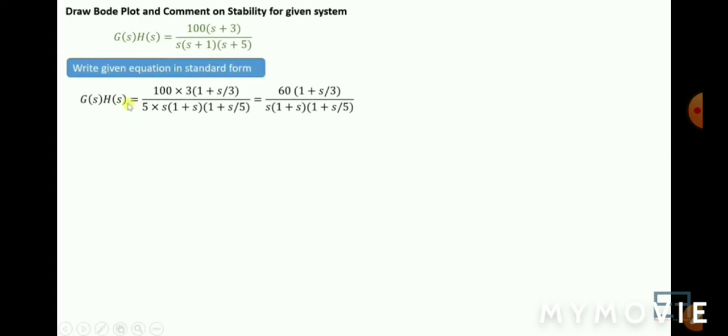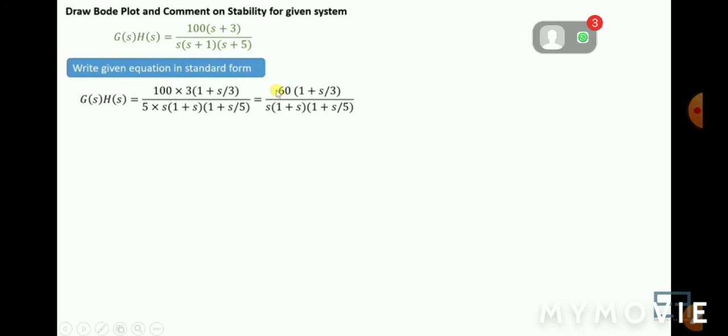So, the first step is to convert that into time constant form, that is 1 plus s. In the numerator we have s plus 3, so we take 3 outside, so that it becomes 1 plus s by 3. Similarly, in the denominator we take 5 outside from s plus 5, so that it becomes 1 plus s by 5.